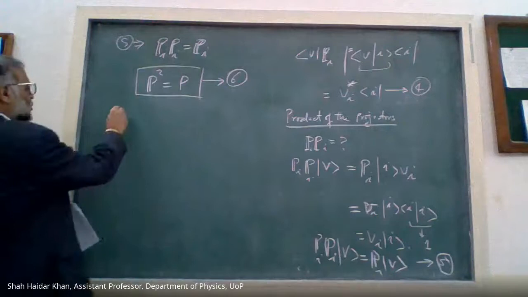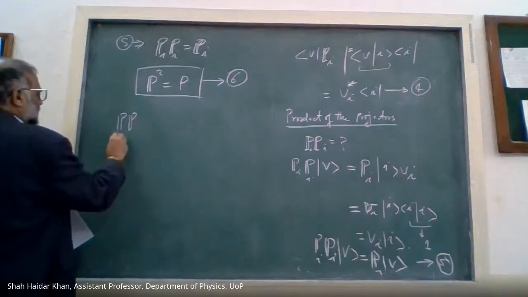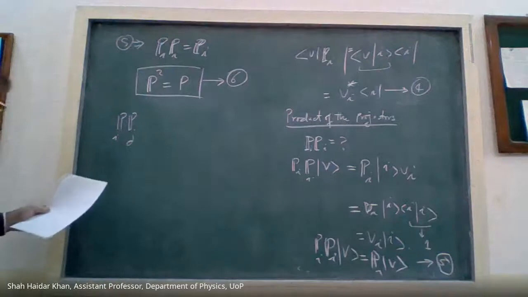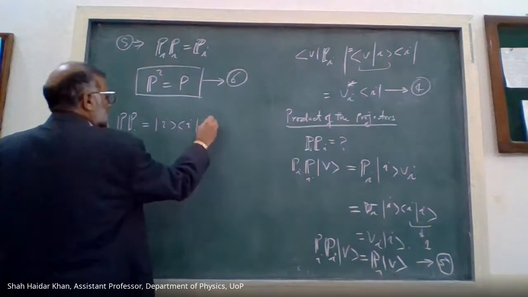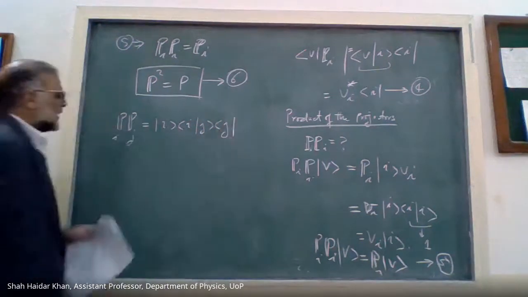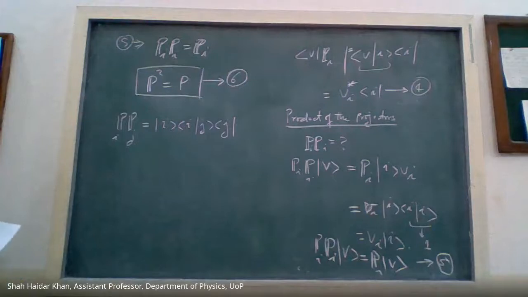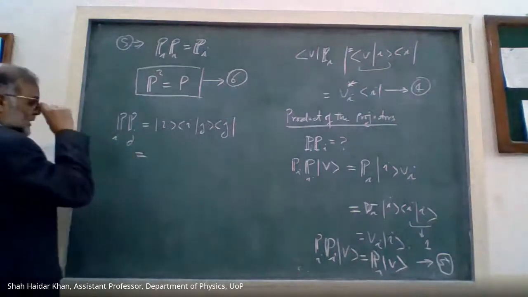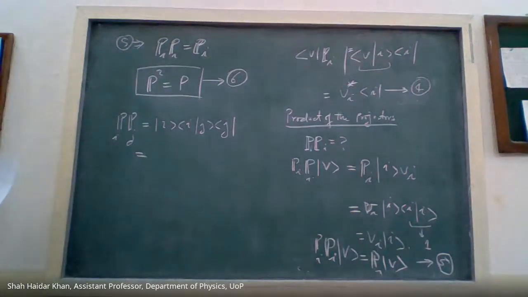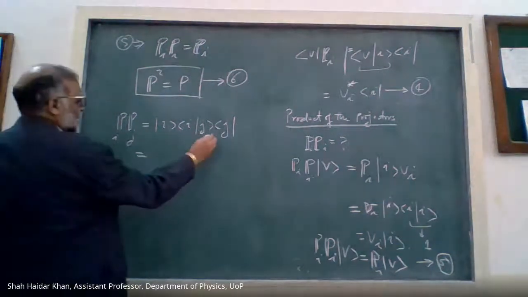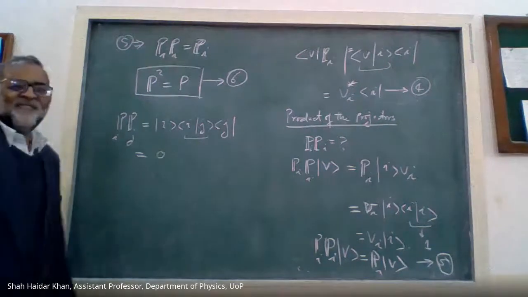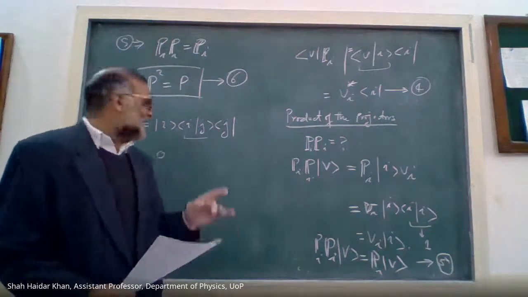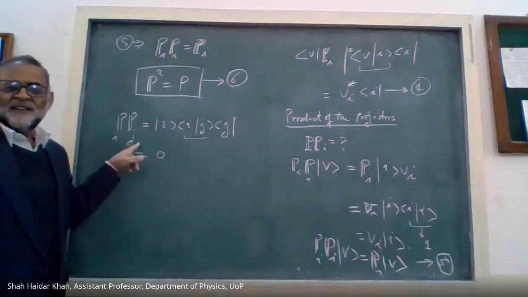Suppose we have two different operators, P_i and P_j. The product P_i P_j would be equal to 0. Again, like the polarizer situation, they are orthogonal operators: one is along i, the other is along j.